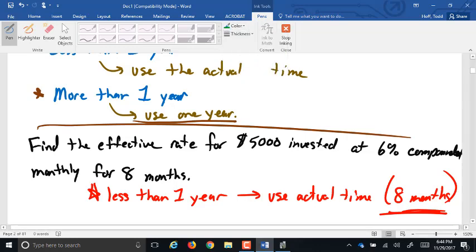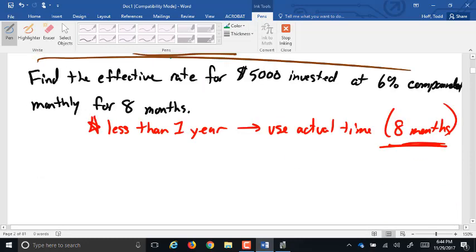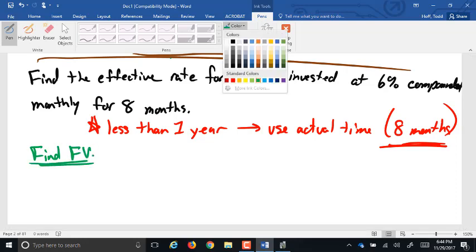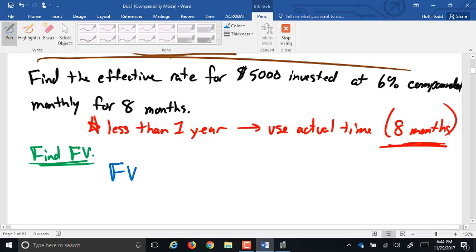So that means we're going to find the future value. The future value is going to equal our present value, which is 5,000 times 1 plus our rate, which is 0.06, divided by how many periods are in a year? 12. It is compounded monthly.